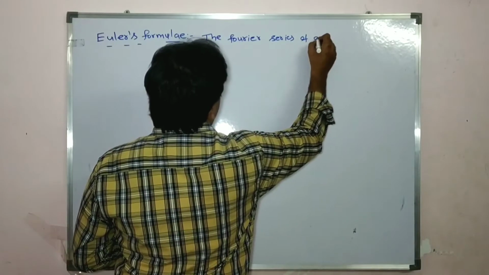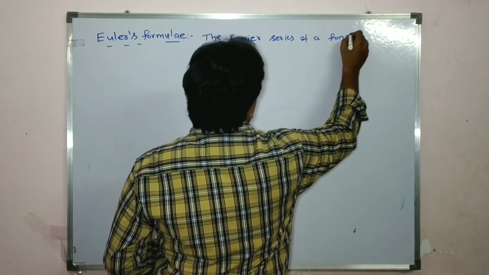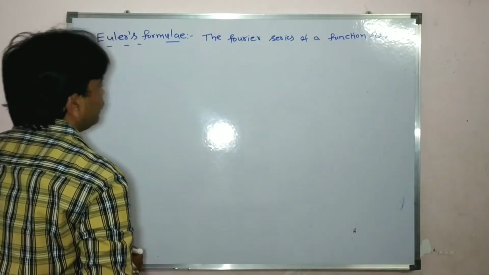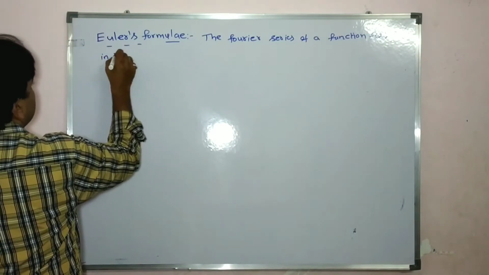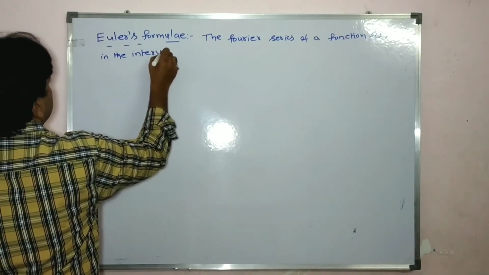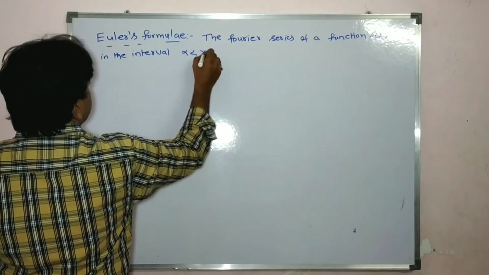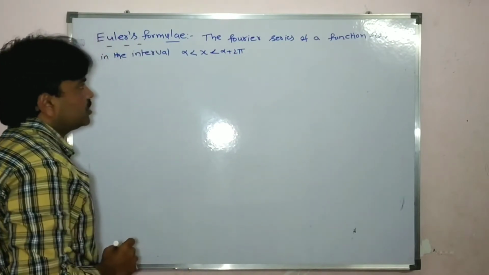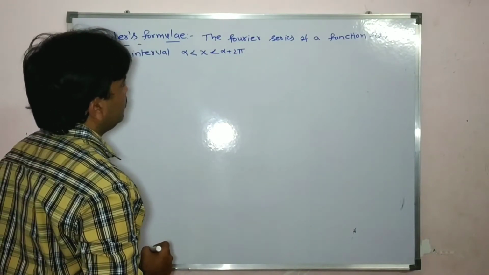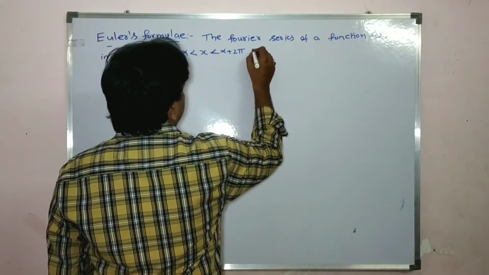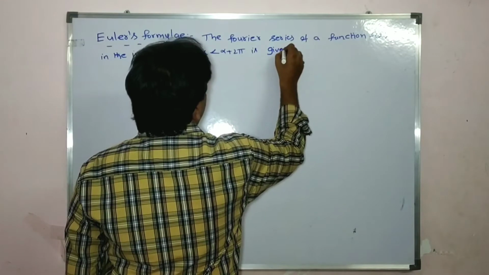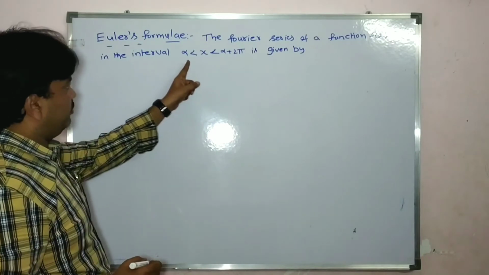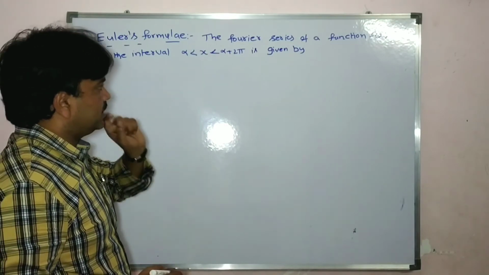The Fourier series of a function f of x in the interval alpha less than x less than alpha plus 2 pi is given by.